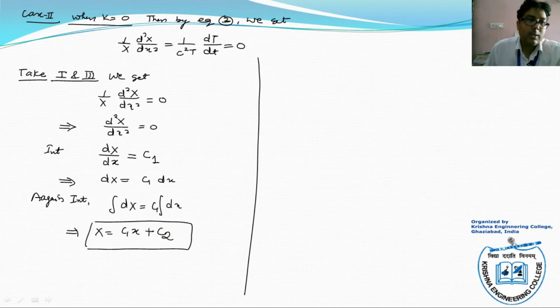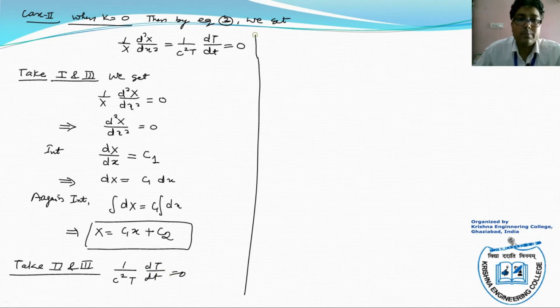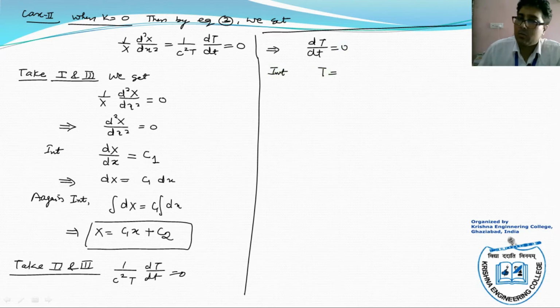Clear? Again take second and third terms. So we get 1 upon c square t d capital T over dt is equal to 0. By using the cross multiplication, this becomes d capital T over dt is equal to 0. Integrate, T is equal to a constant. Let us suppose it to be c3. Clear?